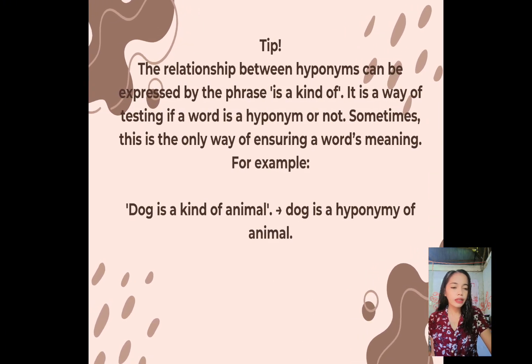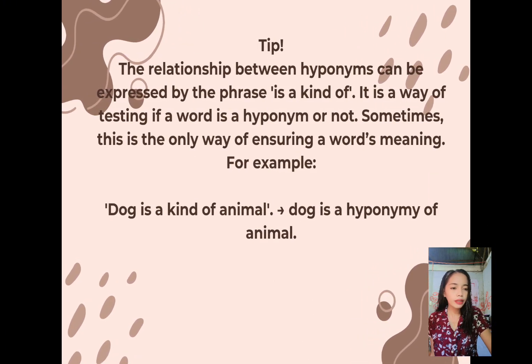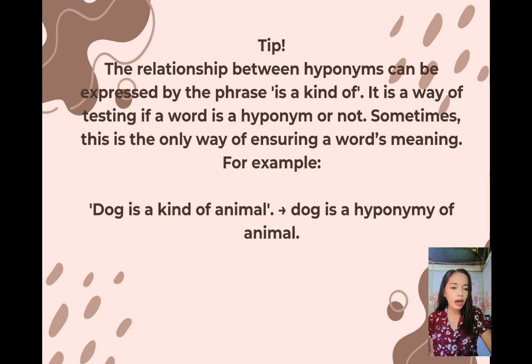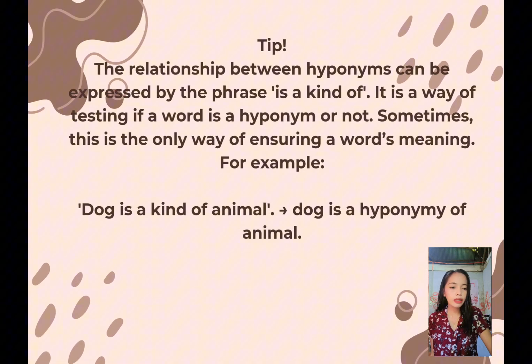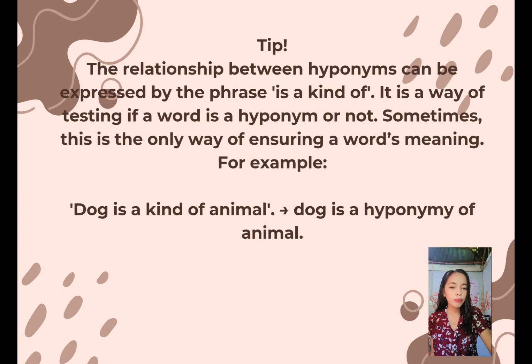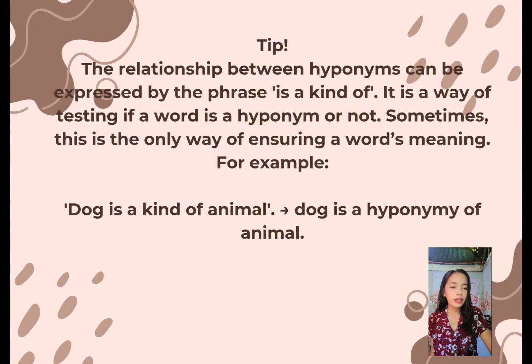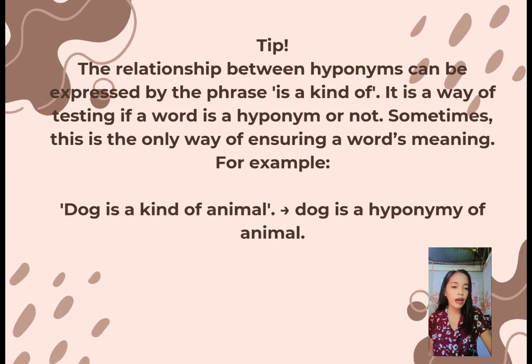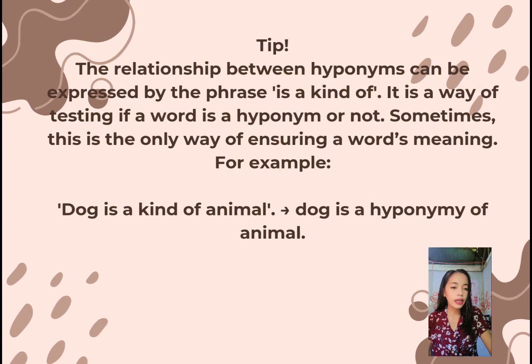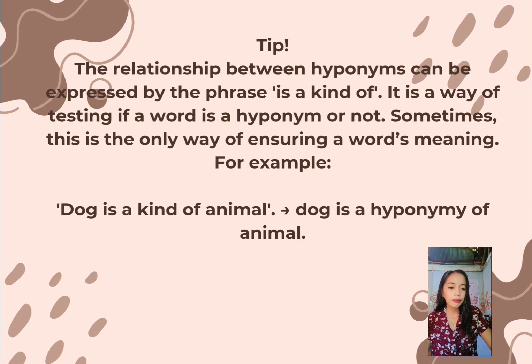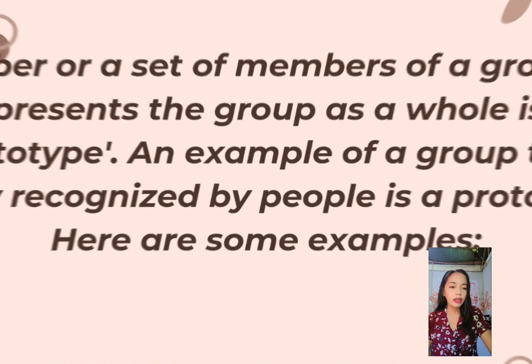For example, dog is a kind of animal. Dog is a hyponym of animal.